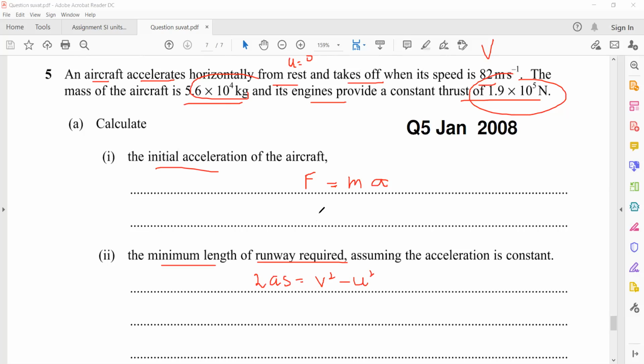You have the acceleration from your previous part, which is F divided by m, the thrust divided by mass. You have the final velocity, which is 82, and the initial velocity, which is 0. Just substitute, so you will get the distance. It will be v squared minus u squared divided by 2a. Is it clear?